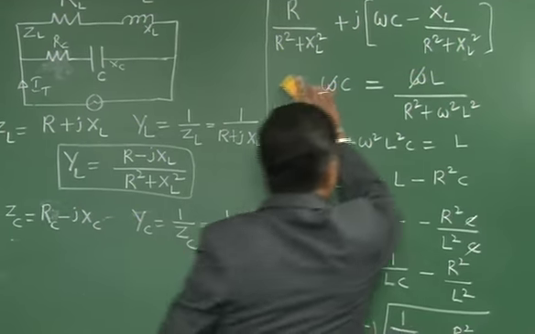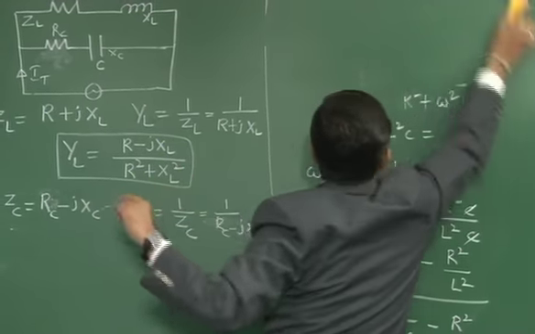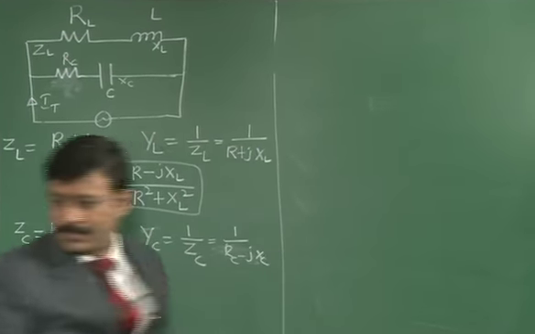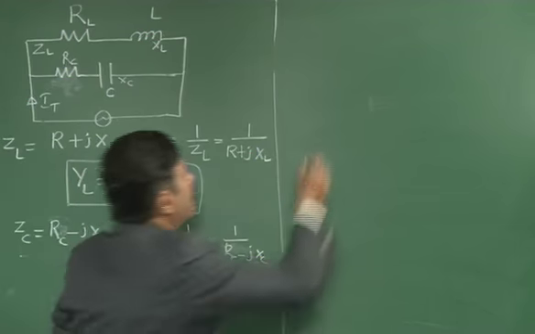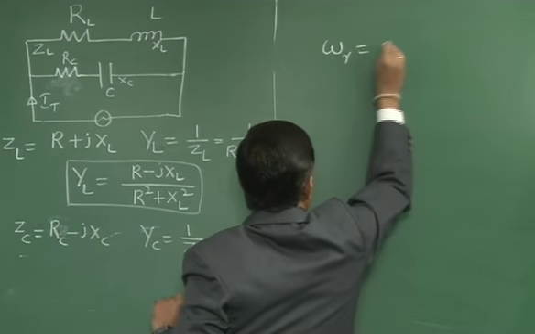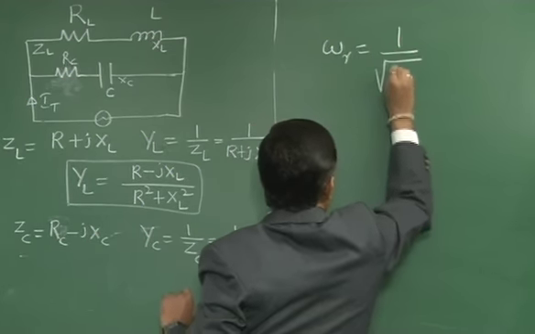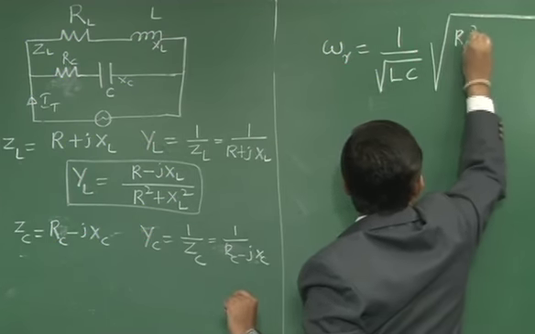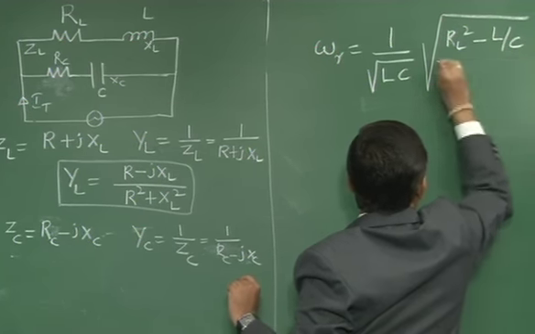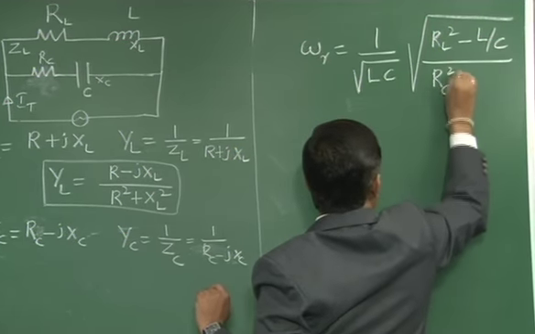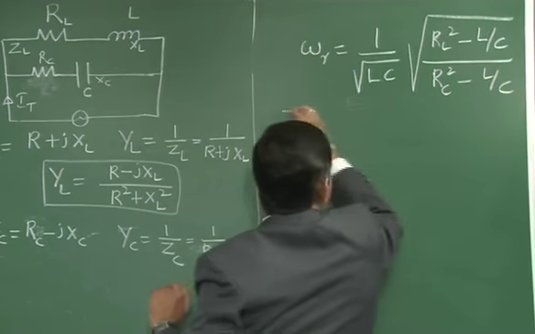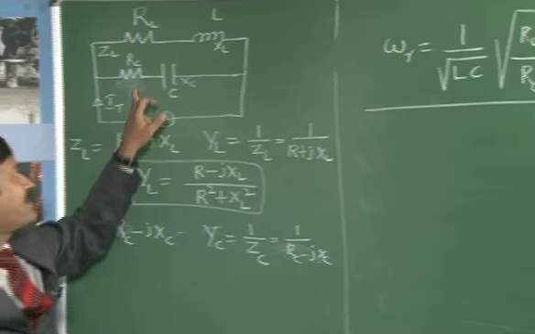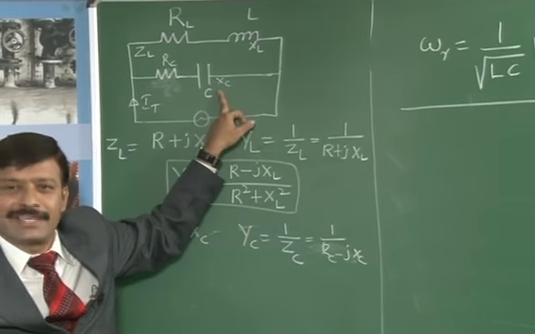The final expression for this type of circuit is omega R is equal to 1 by root LC, times square root of RL square minus L by C over RC square minus L by C. This is another alternative expression whenever a resistor comes in series with the capacitor.